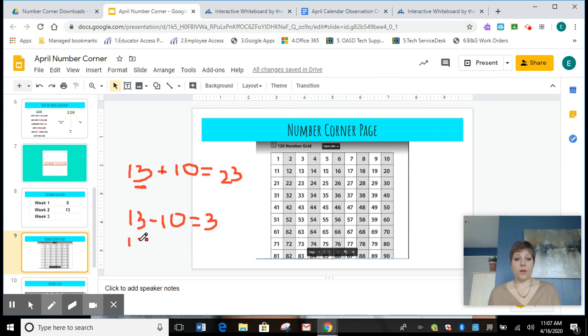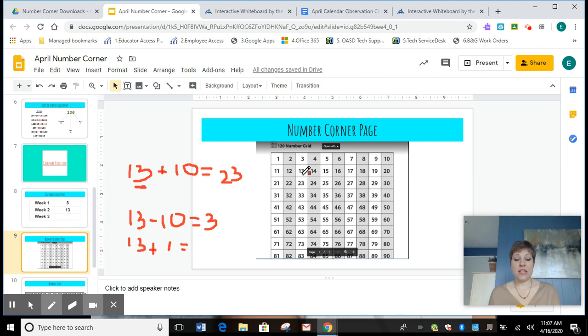Now, when you're adding and taking away groups of 10, you're always going vertically through your column. You're either going down where numbers are getting bigger when you add, or you're going up where numbers are getting smaller when you subtract. But when you're adding and taking away groups of 1s, you're moving horizontally or back and forth on your number grid or column.